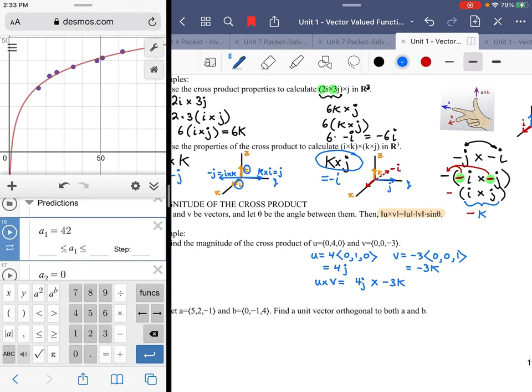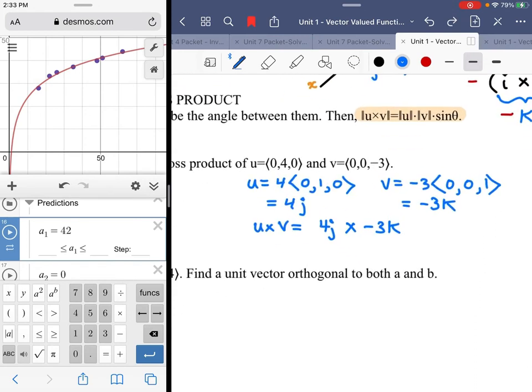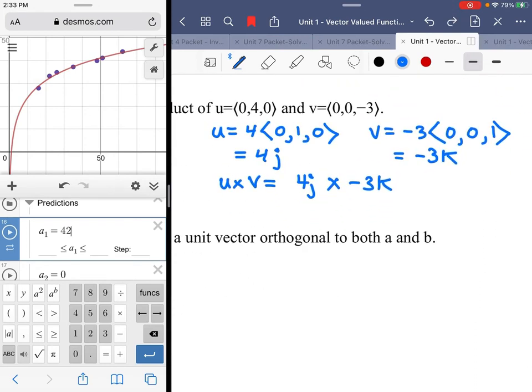So we're good there, but maybe you want it to be a little bit more obvious. So one thing we could do is switch the order and make it -3K cross 4J, negated.